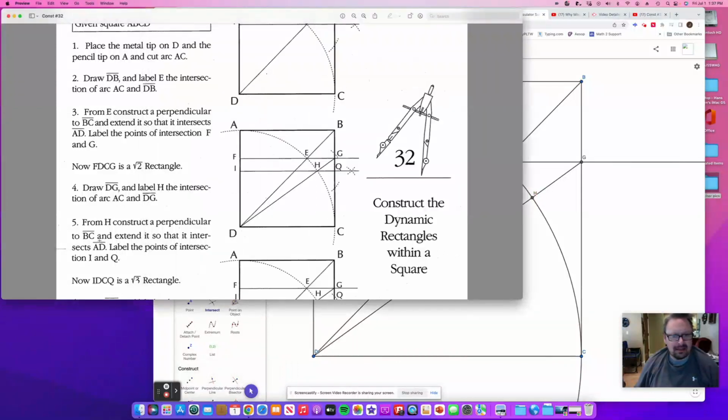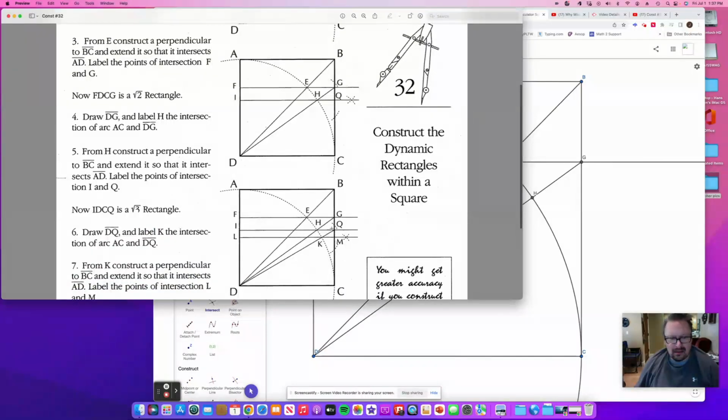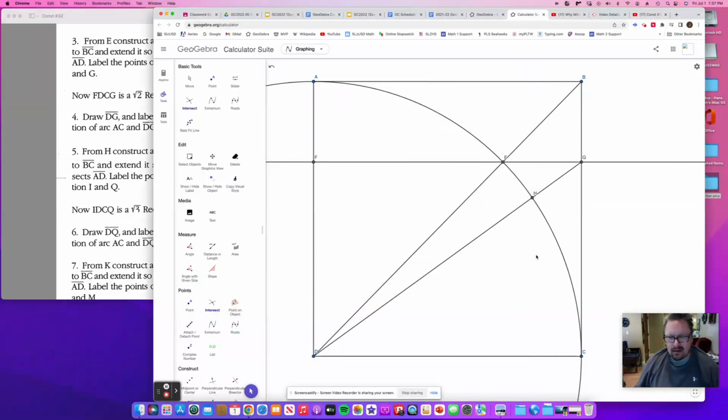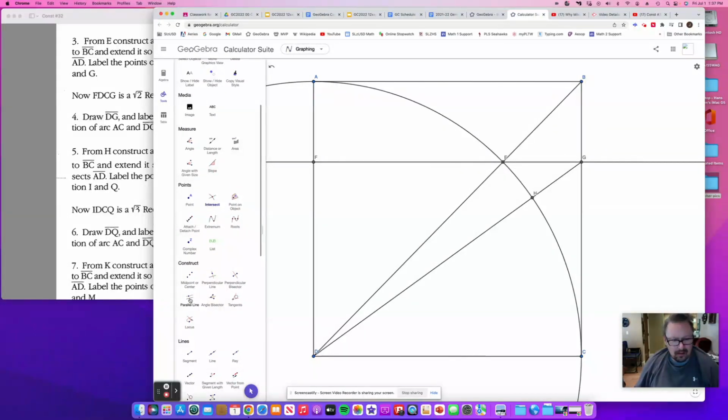And this point should be H. And I have I and Q over here. Okay. Parallel line, that's parallel to this line, but through H.